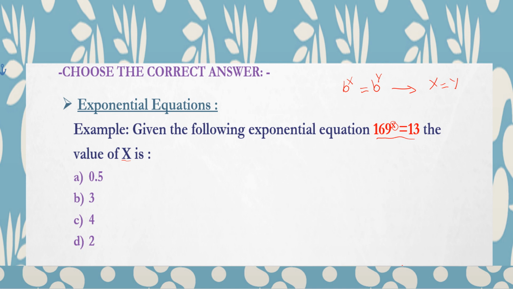So we can make the bases equal, and here we have the bases 13 and 169, and we would like to equalize the two bases. Then 169 means 13 power 2, so this equals 13 power 2, all to the power x. 13 power 2 equals 169, and this equals 13.